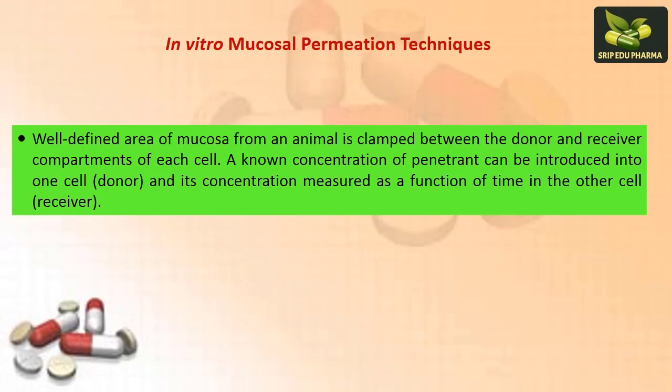A well-defined area of mucosa from an animal is clamped between the donor and the receiver compartment of each cell, and a known concentration of penetrant is introduced into one cell, that is the donor, and its concentration is measured as a function of time in the other cell, that is the receiver chamber. This is the method which we apply to study in vitro mucosal permeation.